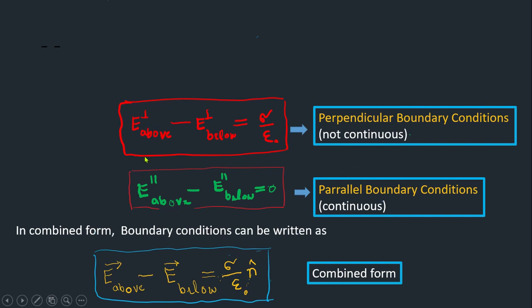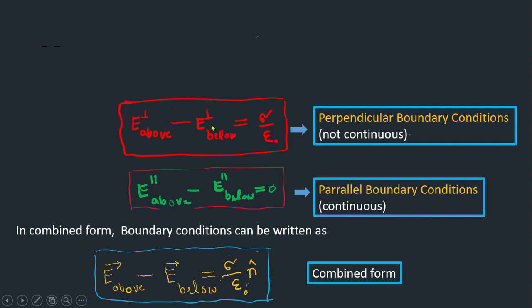And when you combine these two equations, then E perpendicular above n cap plus E parallel above x cap becomes the net electric field above the surface, and we denote it E vector above.